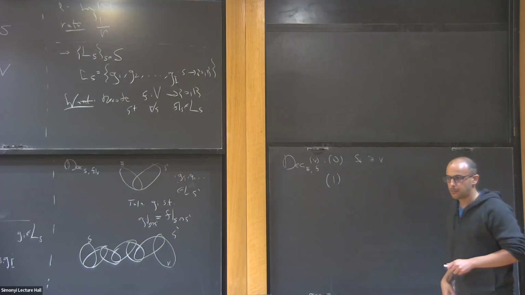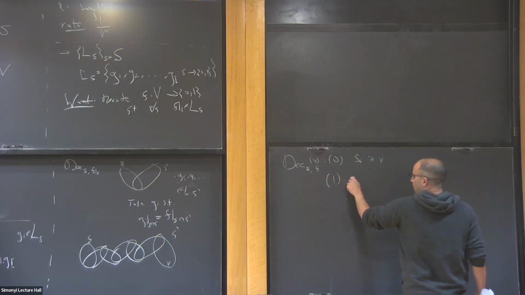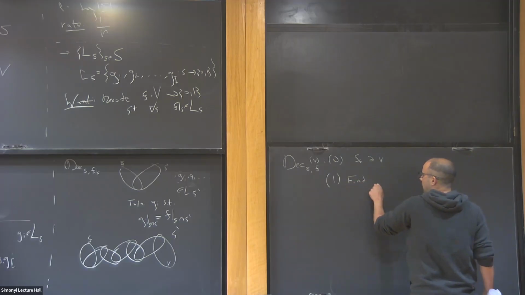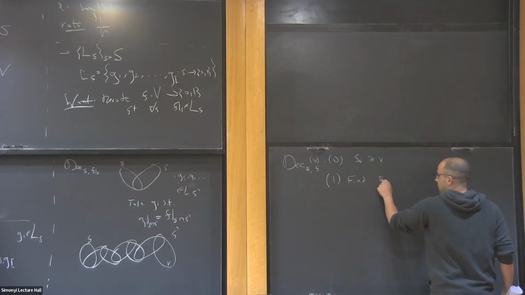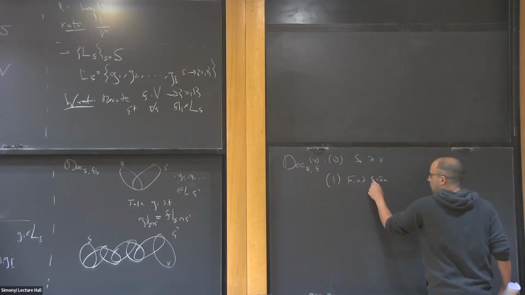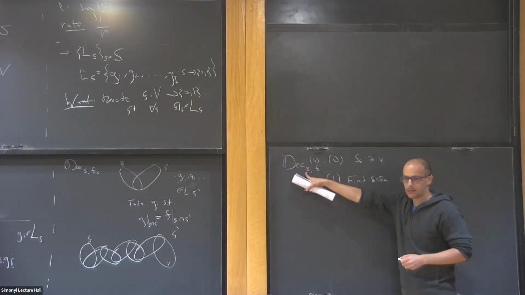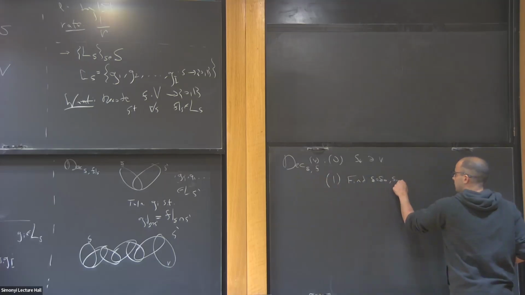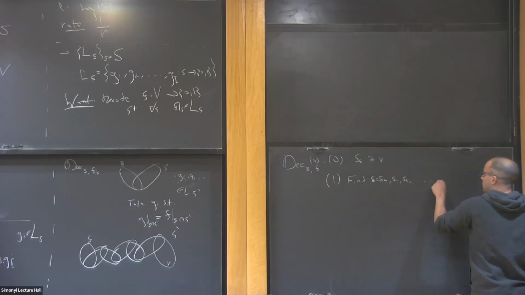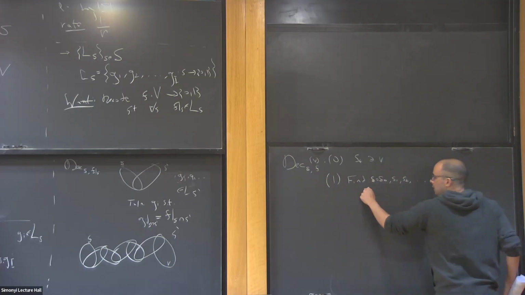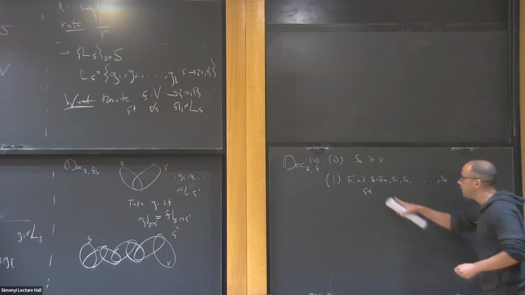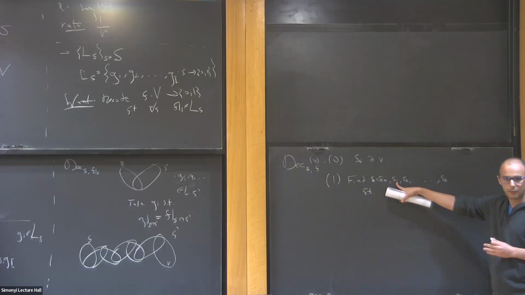In the first step, we will find a path of intersecting sets. Let's start with S_0, which is the S that we got here, then S_1, S_2, up to S_T, so that every pair of sets here intersects significantly.